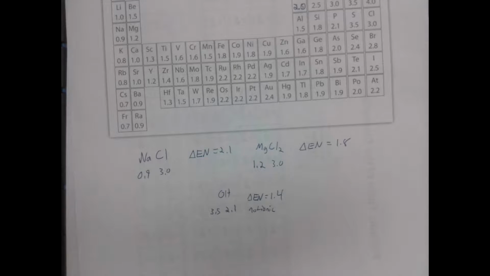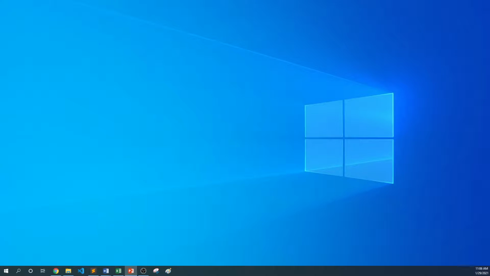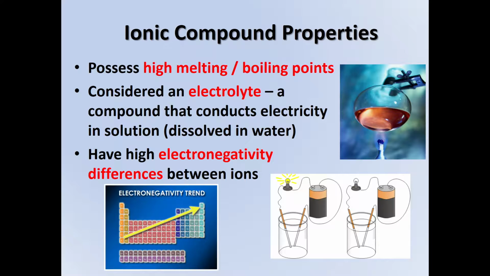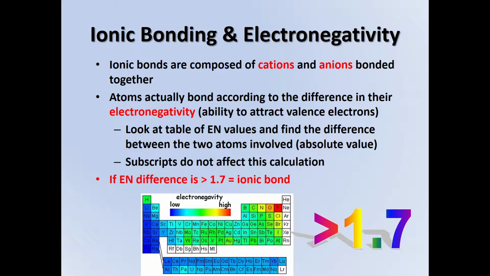So what you'll see is that, remember, ionic compounds have a high electronegativity difference. Remember that everything exists on a spectrum. This is not an absolute fact, but generally we can classify anything above a 1.7 difference as being ionic.